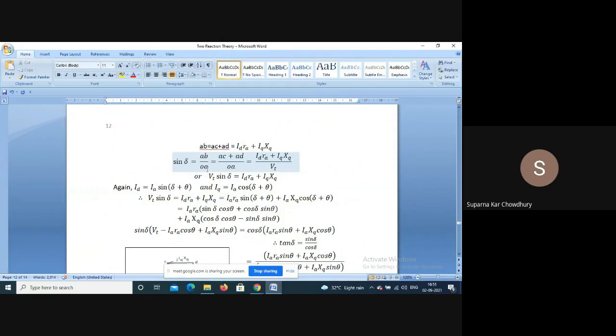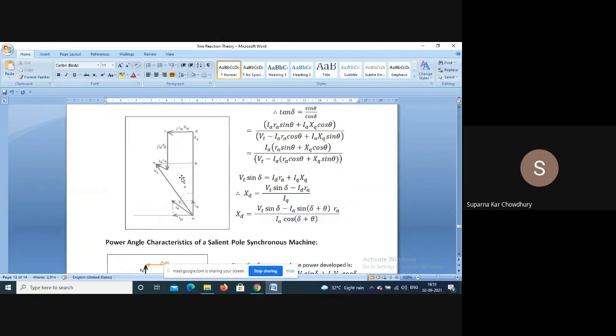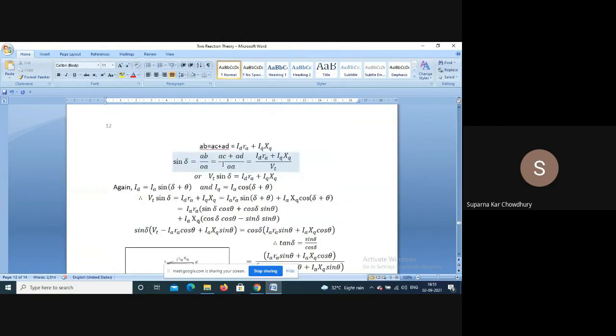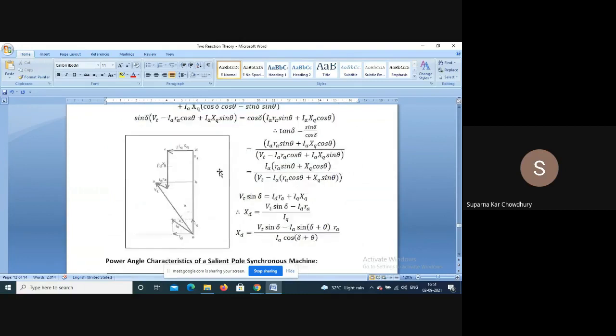Sin delta is AB by OA. It is drawn here. So the first one is AB equal to AC plus CD. AB is equal to AC, actually up to this AC, plus this CD.